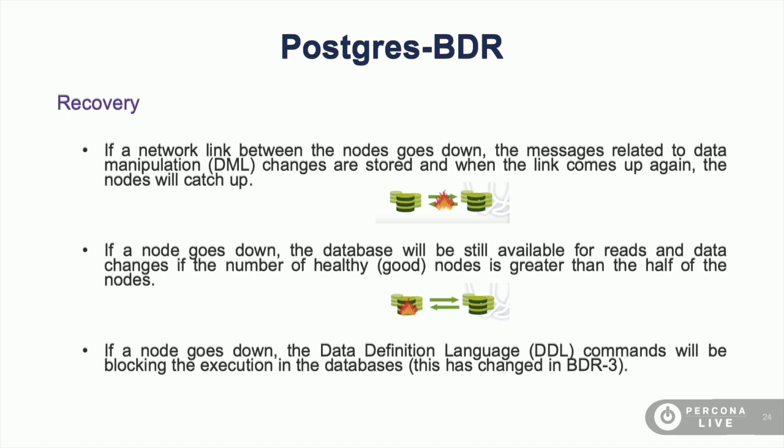However, if a node goes down, the data definition language statements on Postgres BDR 1 will block the continuation of the business. What are the drawbacks of this case? The commands related to the cleaning of a dead node have to be very quick, unless all the statements that arrive at the databases do not have anything else.